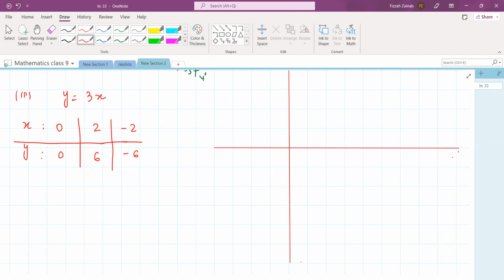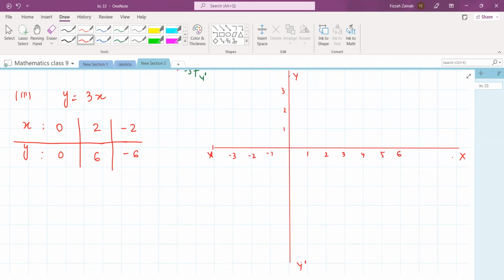Right. So this is my positive x. This is my negative x, and positive y, and then negative y. So x is 1, 2, 3, 4, 5, 6, -1, -2, -3. Y is again 1, 2, 3.